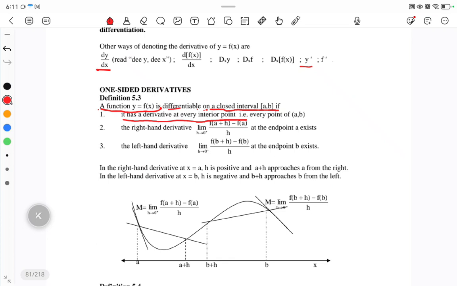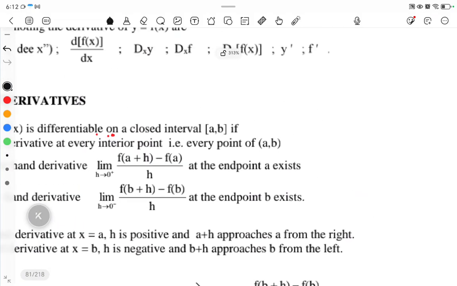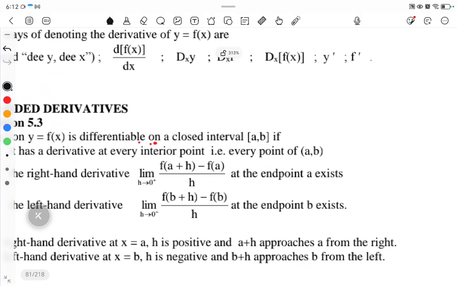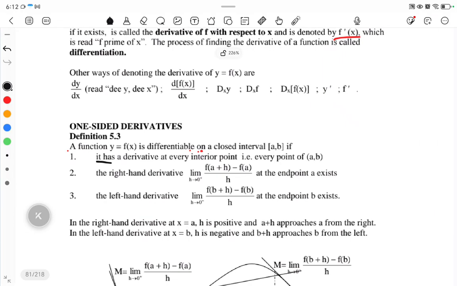Now check this. This is almost taken from continuity over a closed interval. Remember, what continuity over a closed interval says is this. First, it says that it should be continuous over the open interval.